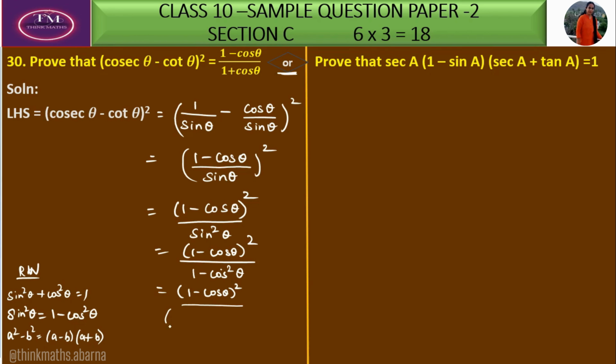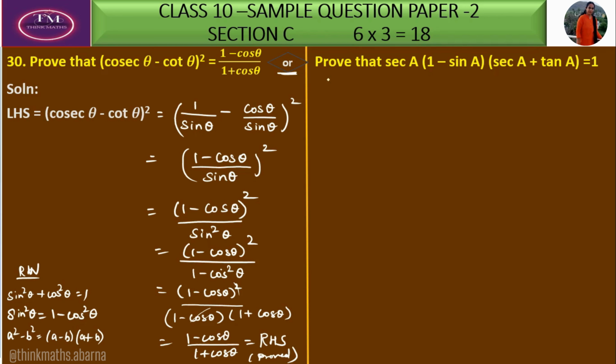So a minus b is 1 minus cos theta, and a plus b is 1 plus cos theta. Here 1 minus cos theta in the numerator and denominator gets cancelled. So you will get 1 minus cos theta divided by 1 plus cos theta. So this is the RHS, and we have proved.